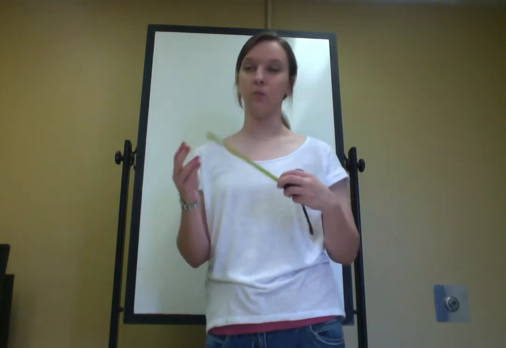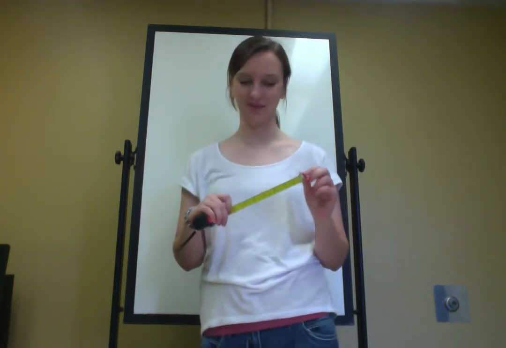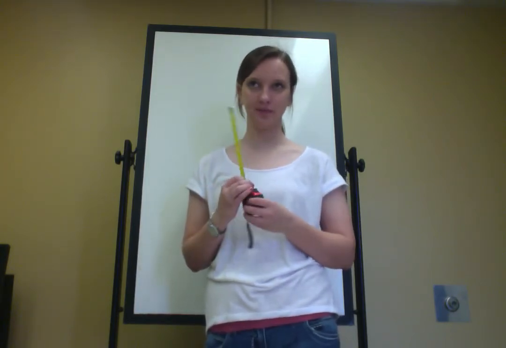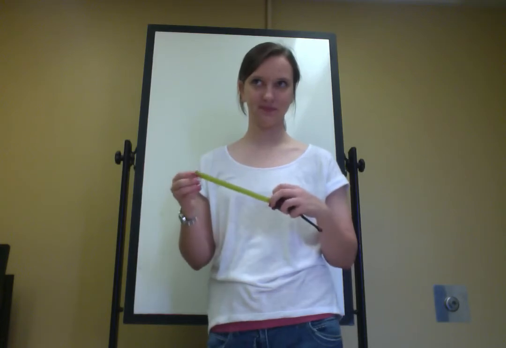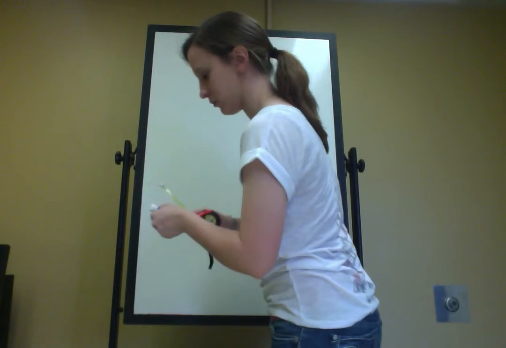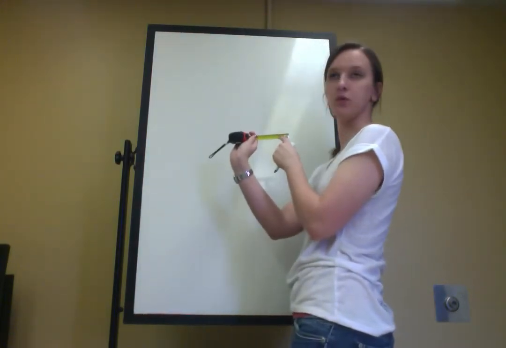No? No one? Okay, well, I have a tape measure here. And what does this do? Measures things. Good job. Okay. So has anyone ever used a tape measure before? No? Okay. I'm going to draw part of it on the board. Okay, and this is going to be just this first little part.